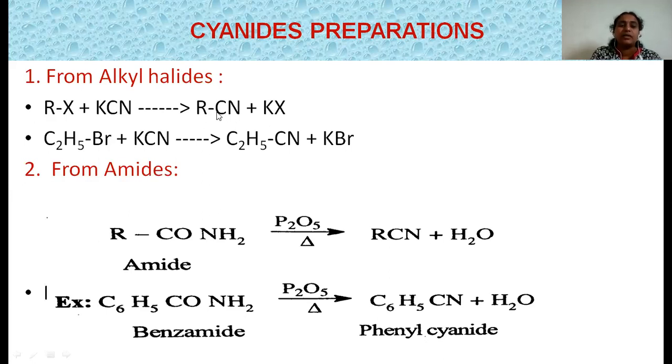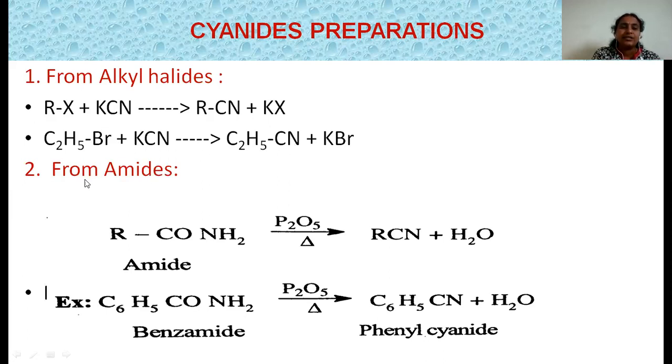This is an example of a nucleophilic substitution reaction. For example, ethyl bromide reacts with potassium cyanide, where bromine is replaced by the cyanide nucleophile, producing ethyl cyanide.